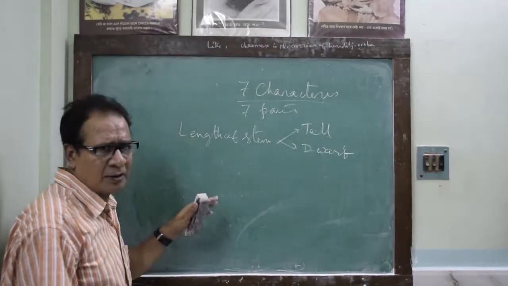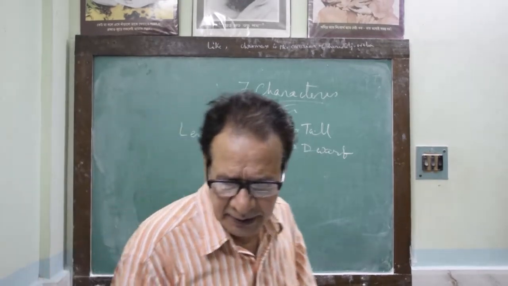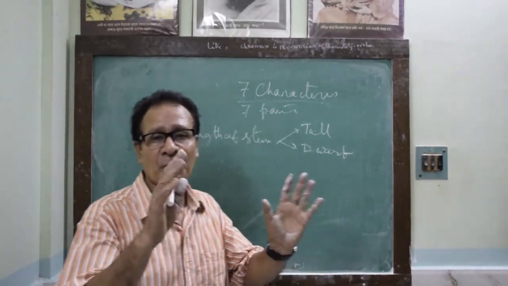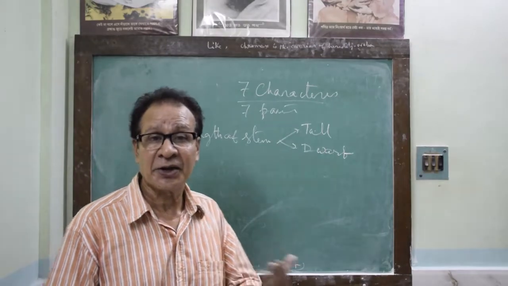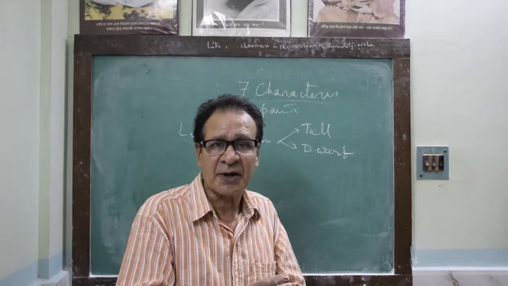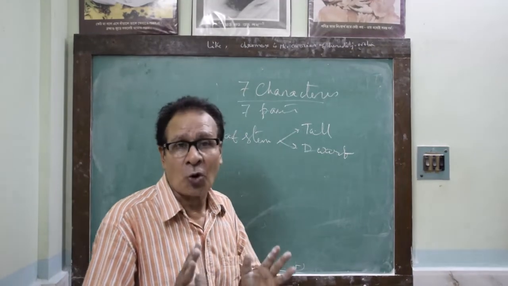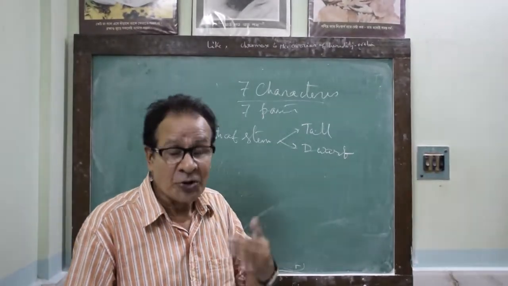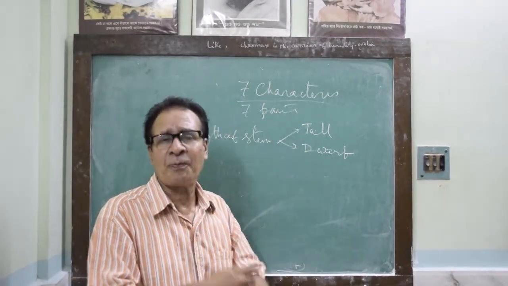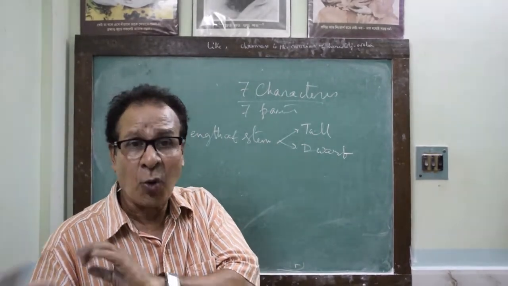In this way, the other characters and their contrasting traits are: the shape of seed, round and wrinkled; color of cotyledon, yellow and green; the shape of the pod, smooth or inflated and wrinkled; the color of the pod, green and yellow; position of flower, axillary and apical; color of flower, violet, that is purple, and white.